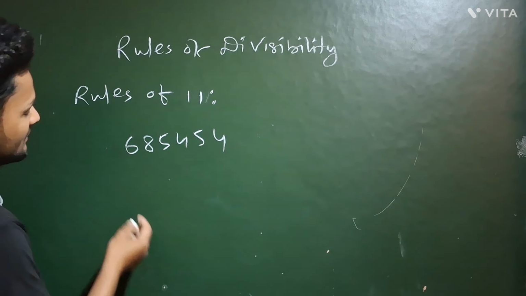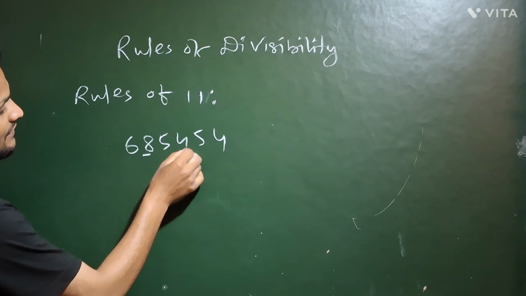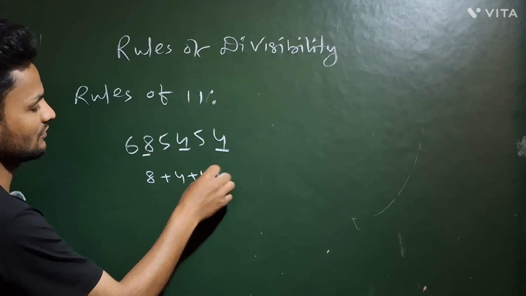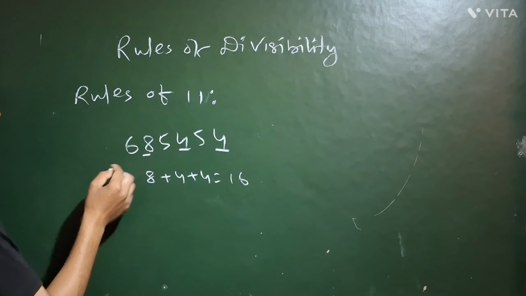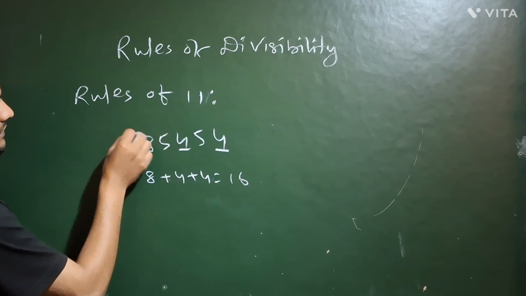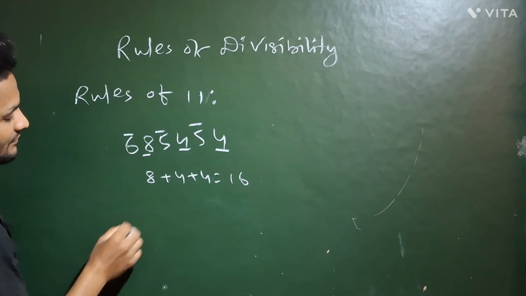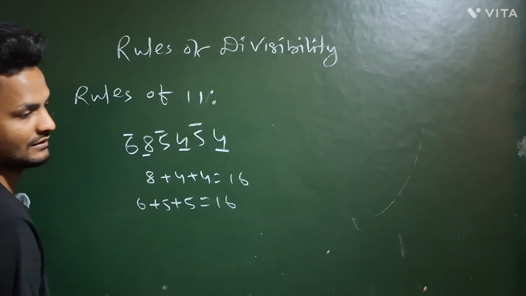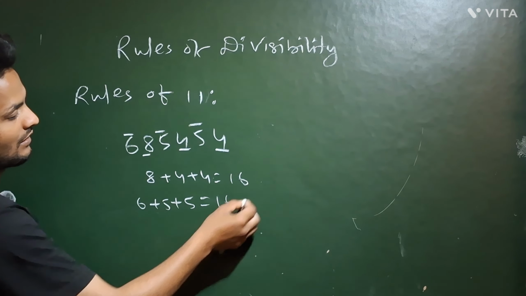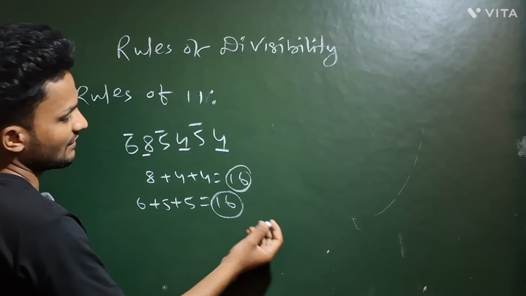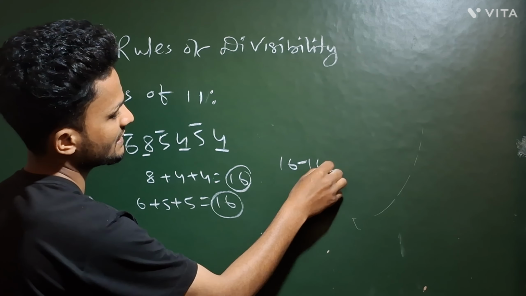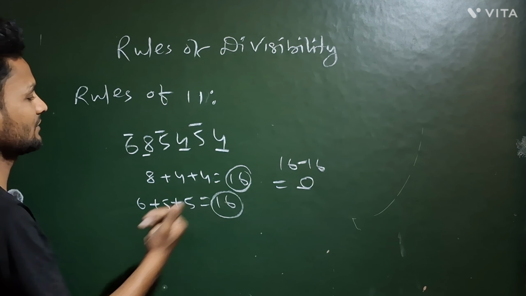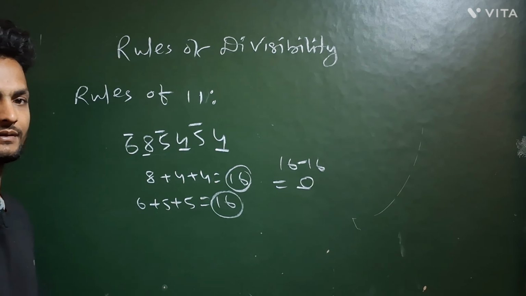In this number, the even place digits are 8, 4 and 4, and 8 plus 4 plus 4 is equal to 16, and the odd place digits are 6, 5 and 5, and 6 plus 5 plus 5 is also 16, and the difference of 16 and 16 is 16 minus 16 equals 0, and 0 is divisible by 11. That is why the whole number is divisible by 11.